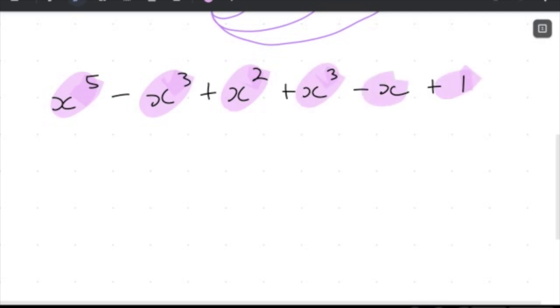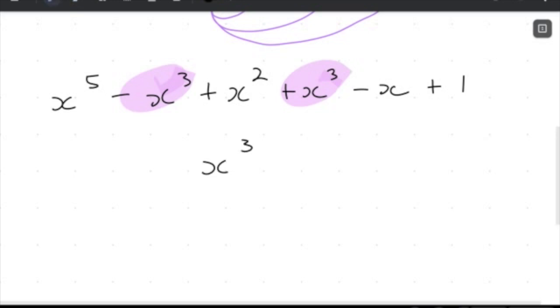Now, I can pretty clearly see that they all have x in common, but I have 2x cubed here. Now, I have my positive x cubed minus x cubed. I'm subtracting something from itself, so we don't even need to know what x cubed is.